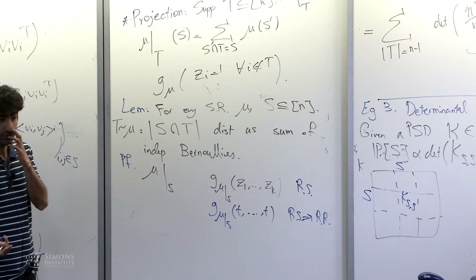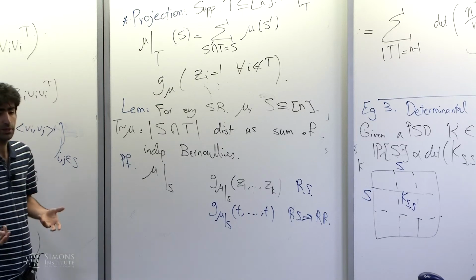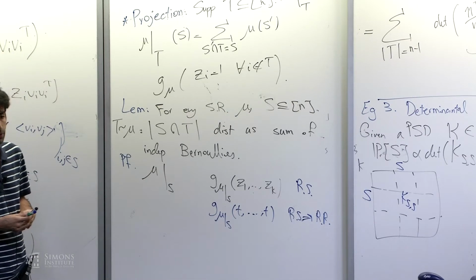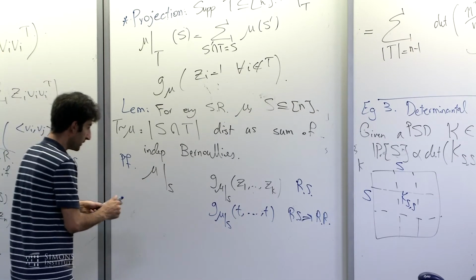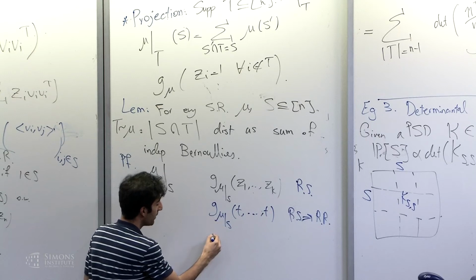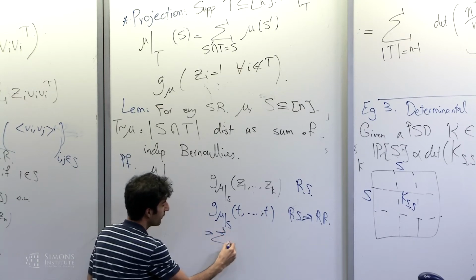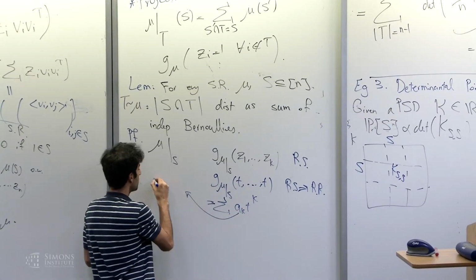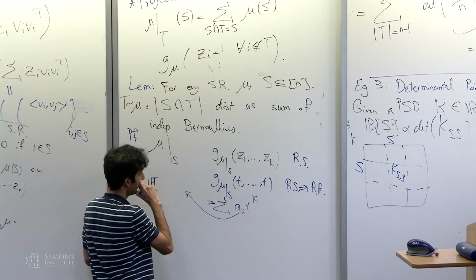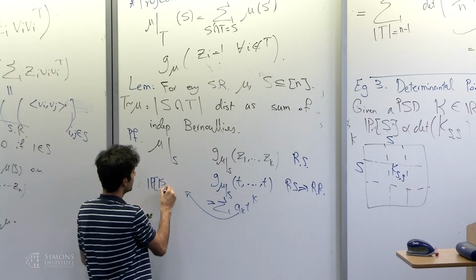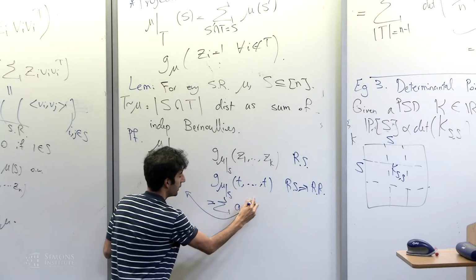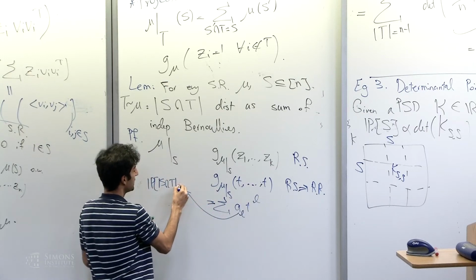So I can use the theorem Jan mentioned yesterday that any real rooted polynomial with non-negative coefficients can be written as a sum of independent Bernoulli random variables. In particular, this polynomial is equal to the summation of a_k t to the k, where a_k is the probability that S intersection T is equal to k.